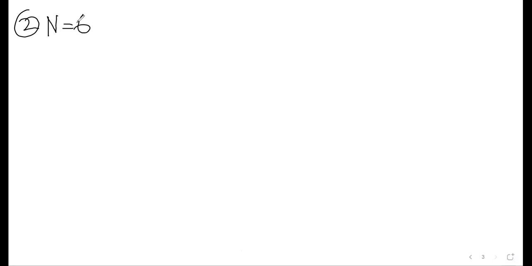Average 6 machines. There are 20 batches. N equals 6 machines with 20 batches.